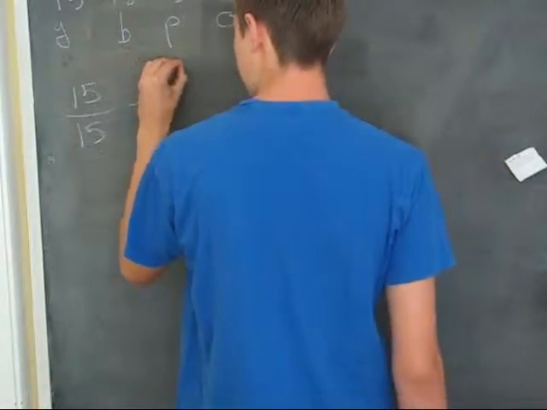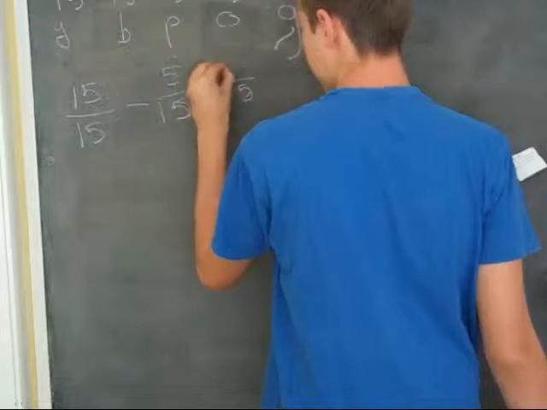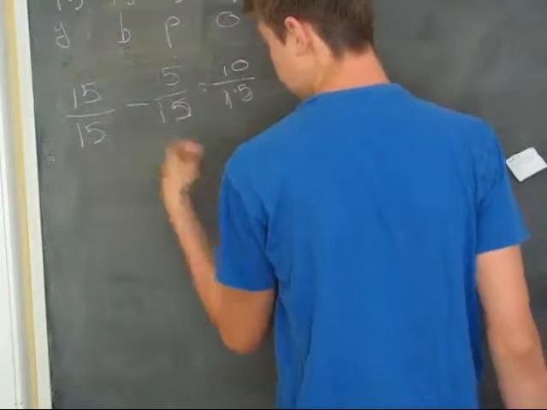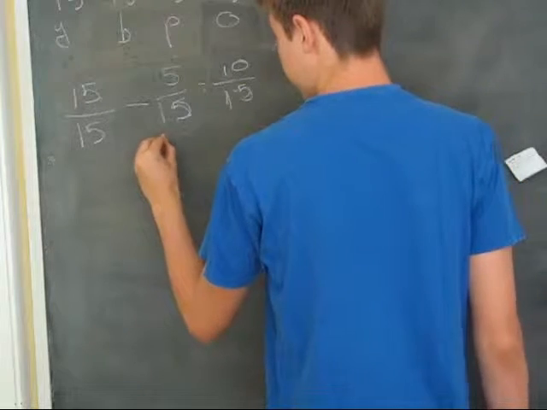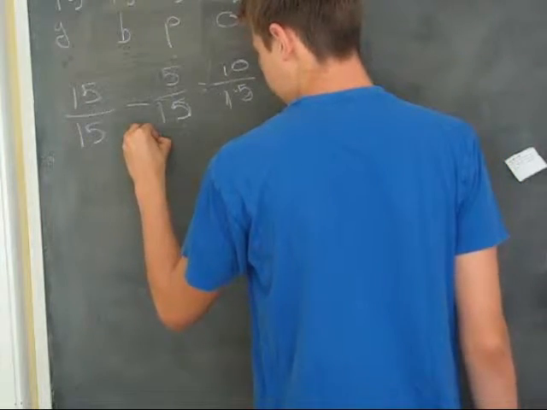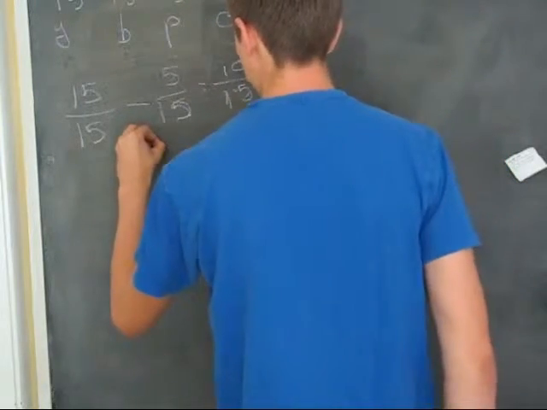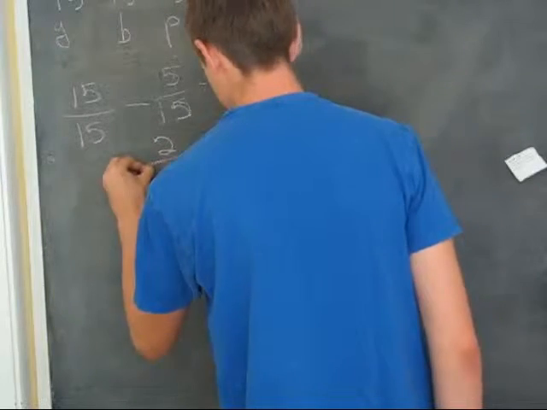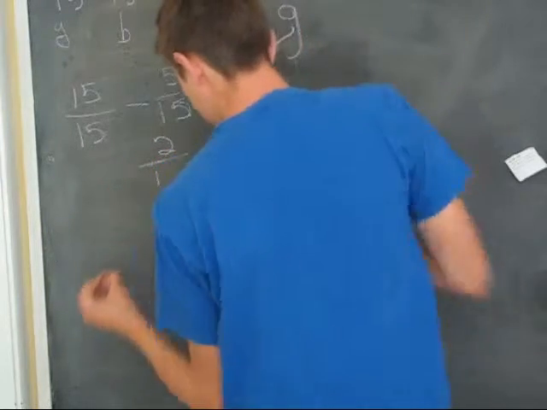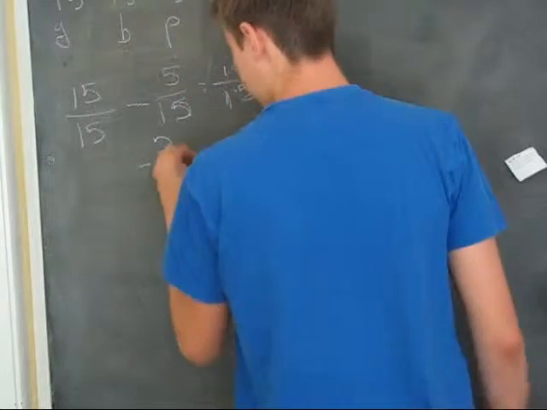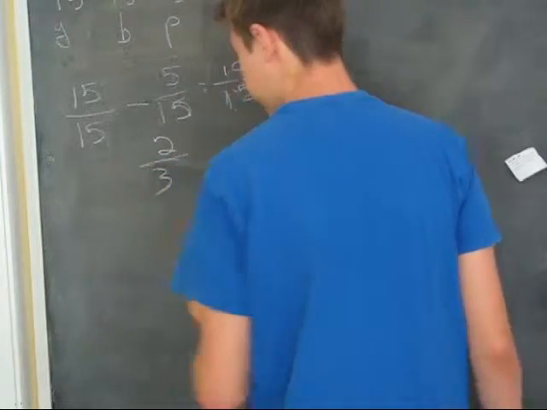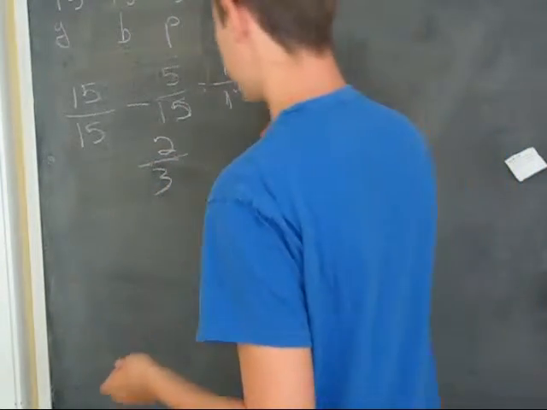So 15 out of 15 minus 5 out of 15 is 10 out of 15, and you divide that by 5 to simplify it, and that's 2 out of 3.